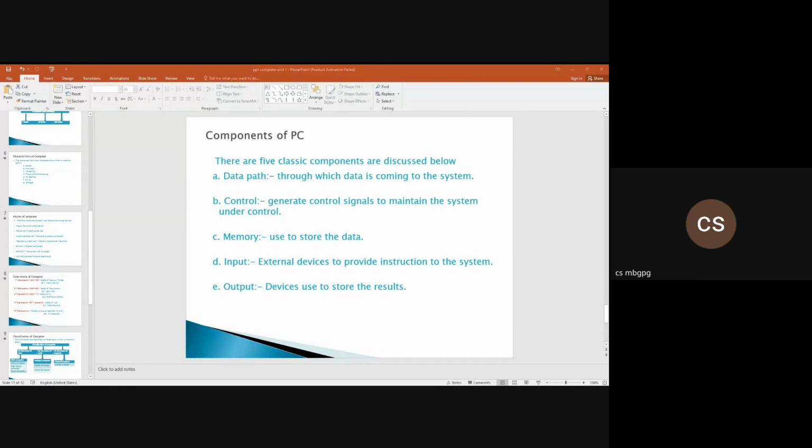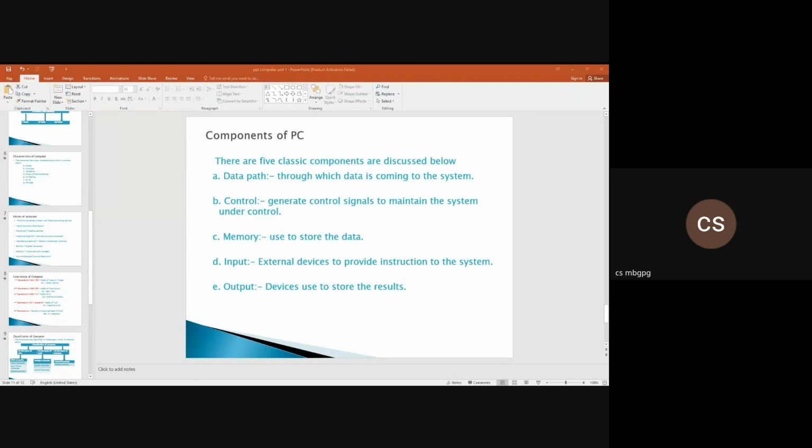This categorization is on the basis of cost. How will you minimize the cost? And according to access time, which device has which type of access time?